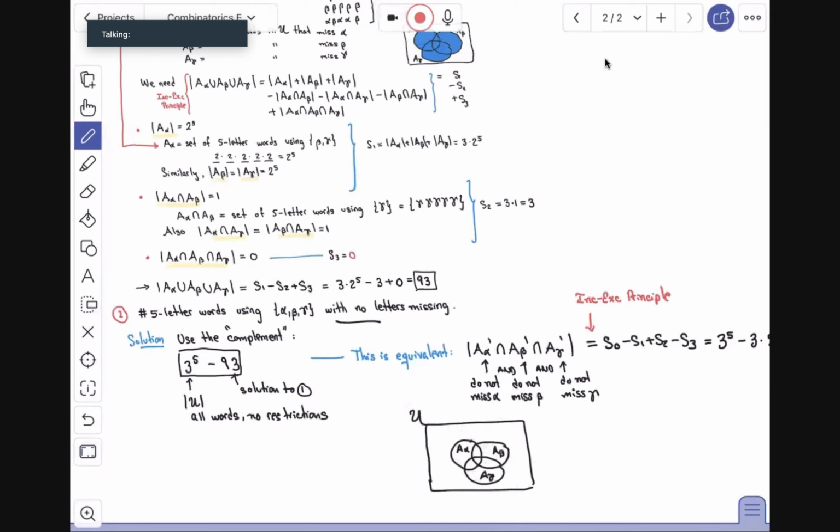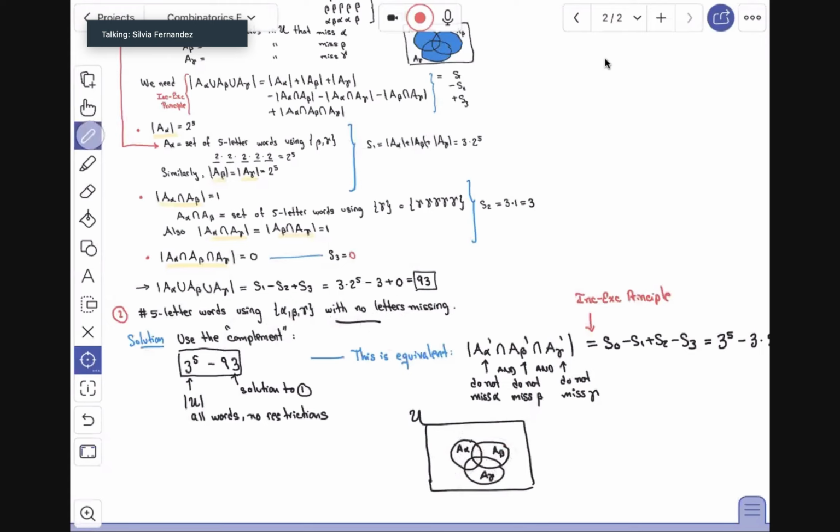Now, this circle is the ones that are missing alpha, but here I don't want letters missing, so I don't want to count A alpha. I don't want to count A beta because those are missing beta. And I don't want to count A gamma because that one includes all the ones that do not use gamma.